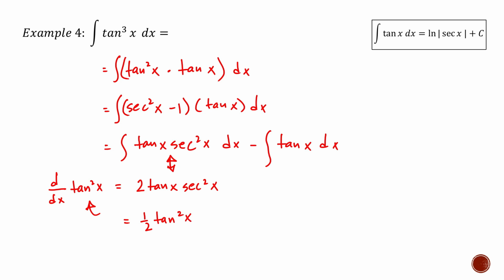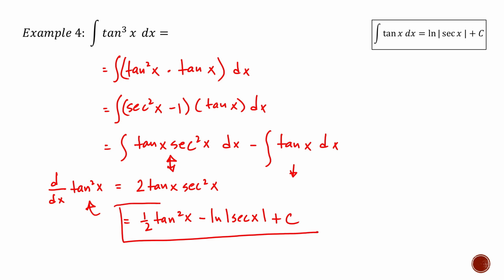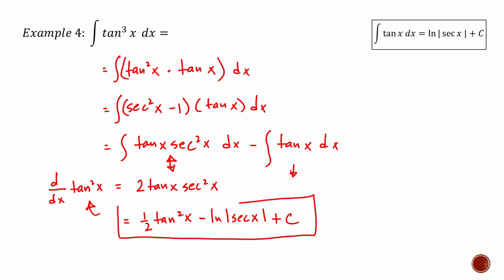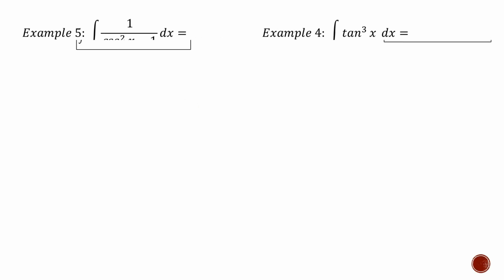And of course, the antiderivative of tangent, which is given on the upper right side of your screen, is ln of the absolute value of secant x plus c. There you go. Let's go to example number 5.